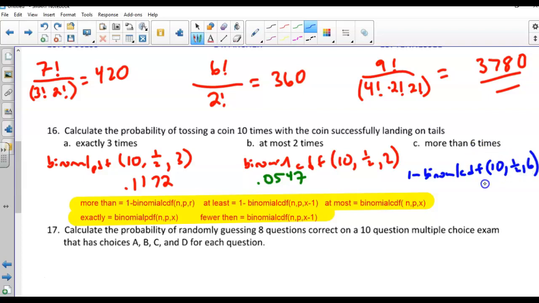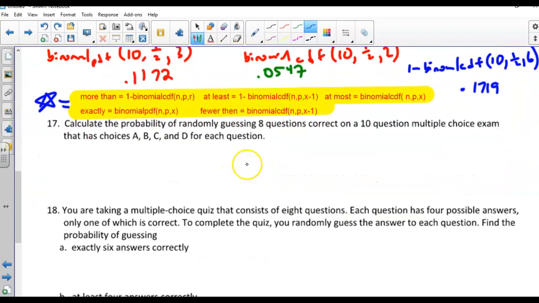We get 0.0547. Punch that in. Okay. So man, write these down. When you're taking your test, you have a reference. Right? This is important.